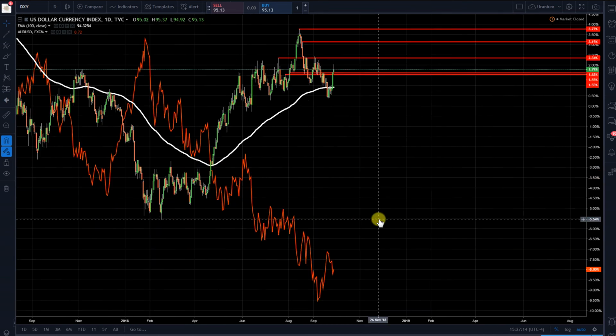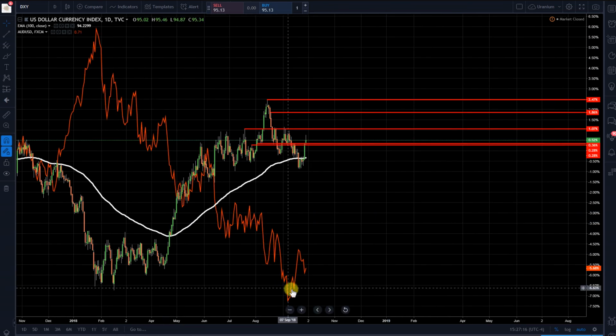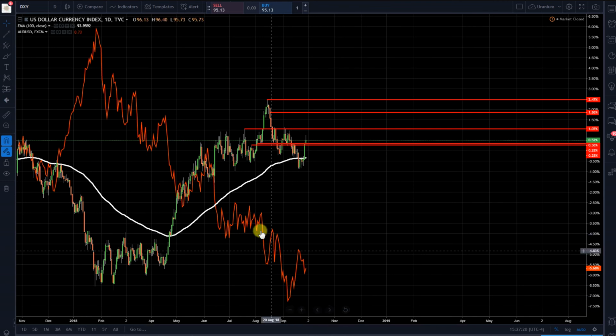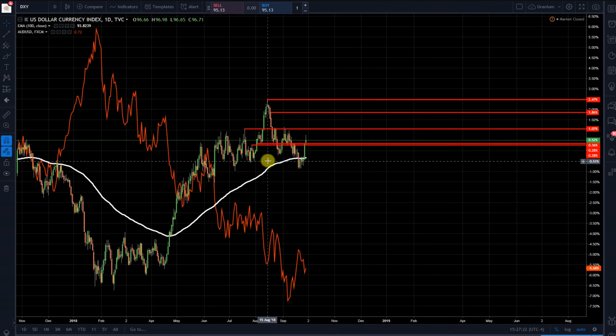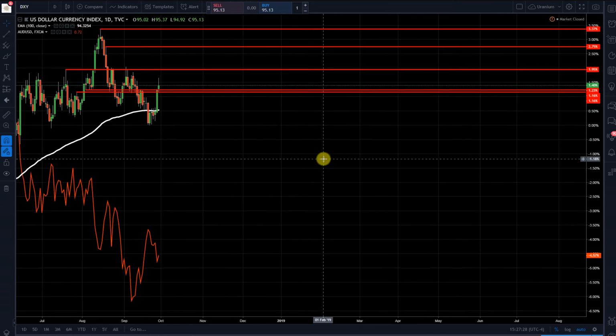According to my analysis, it looks like the possible swing low could be in, but I'm not putting all my bets on it yet. I'm just watching it. So I just wanted to show you what the dollar is doing right now.